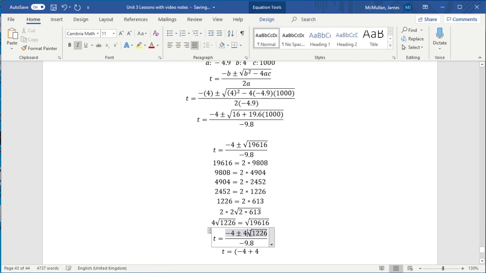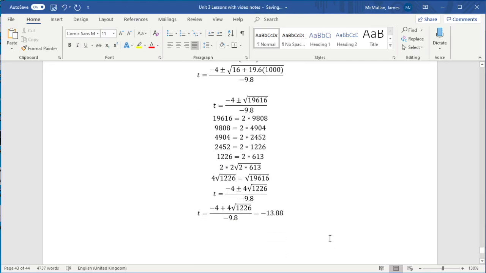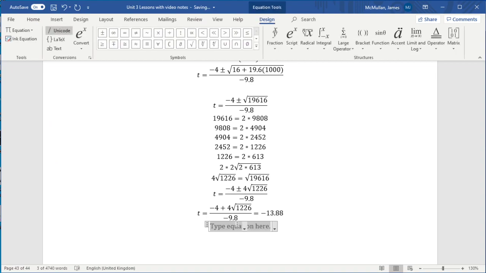Just copy this so I'm not typing it over and over again. Okay, so negative 13.88 is one answer. Go to the other answer.